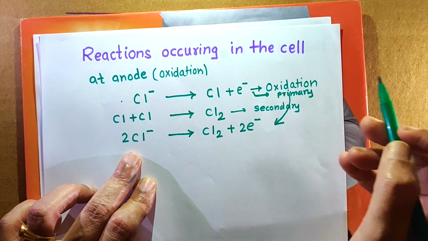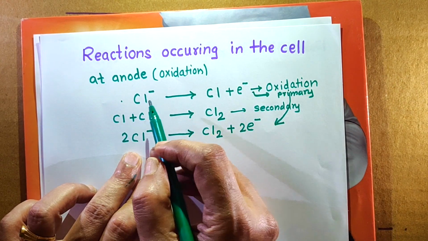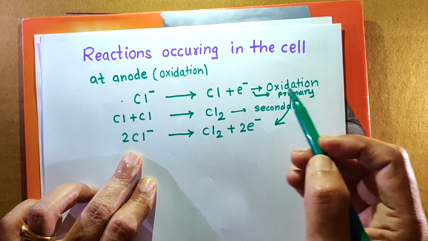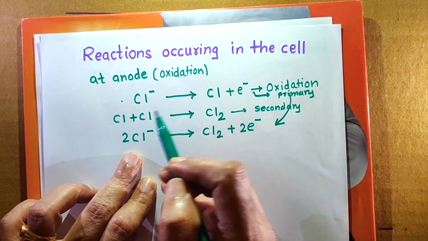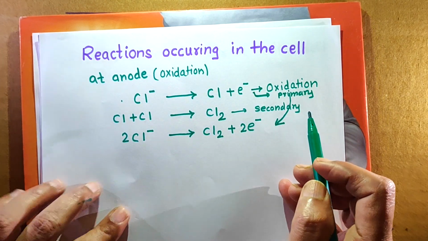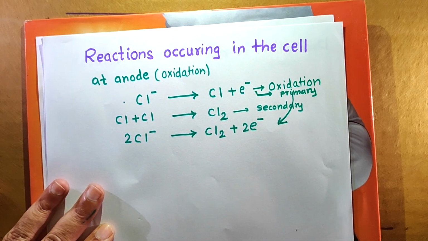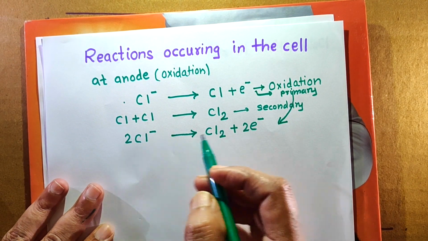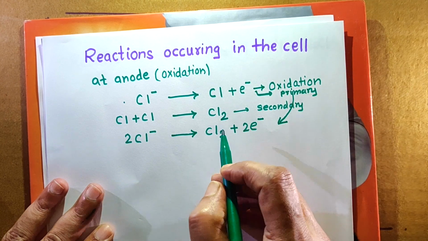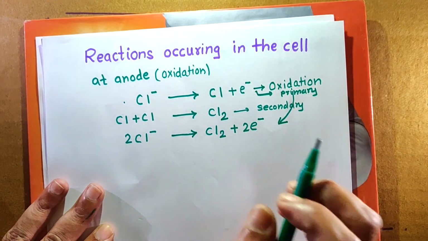What is the primary reaction? Discharge of ion, the reaction which takes place actually at the electrode. After that, atoms are converted into molecule, that is called the secondary reaction. So remember, at anode Cl minus ions are oxidized to give Cl2 molecule.